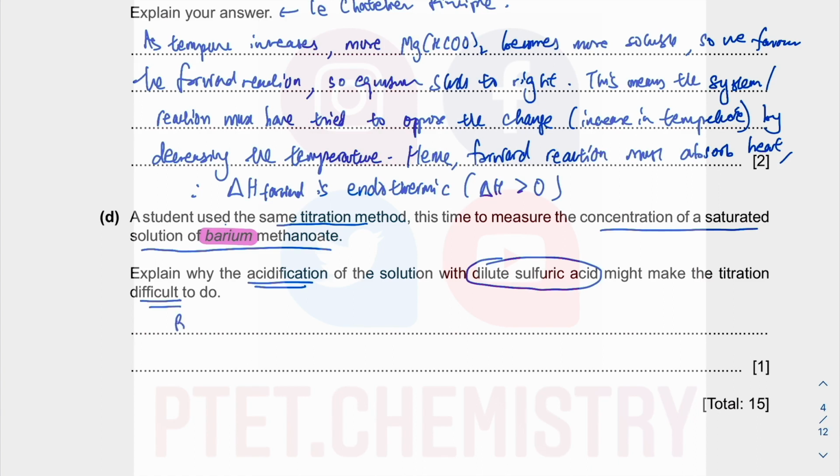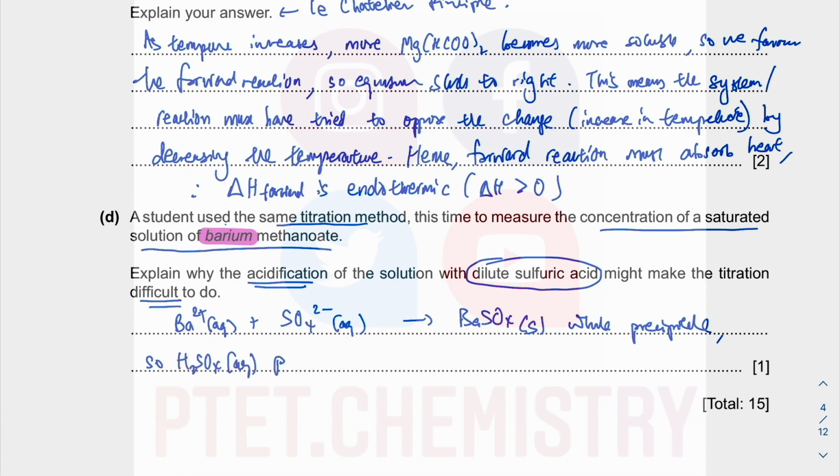I hope you know that Ba2+ aqueous plus SO4 2- aqueous can give you BaSO4 solid, white precipitate. So H2SO4 aqueous precipitates out barium sulfate, okay?